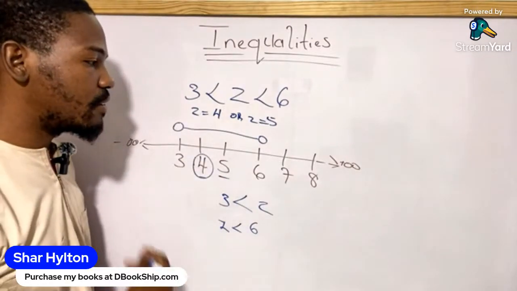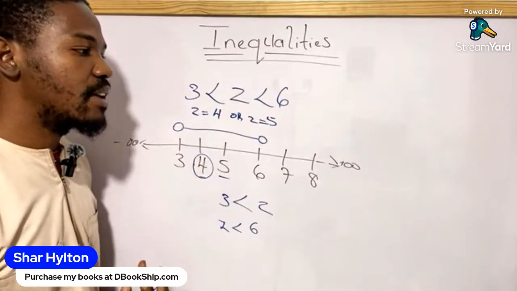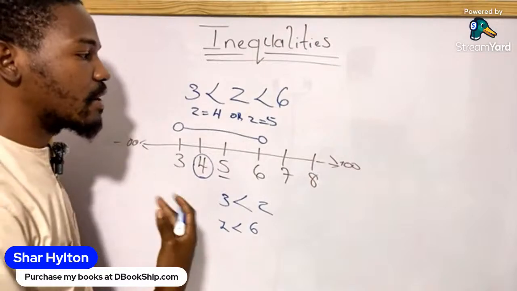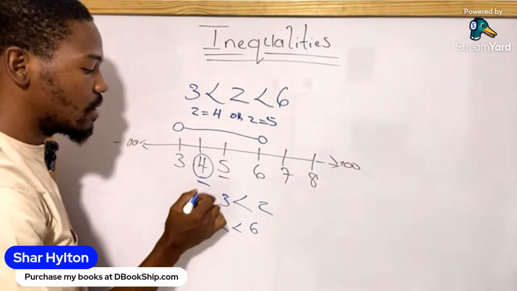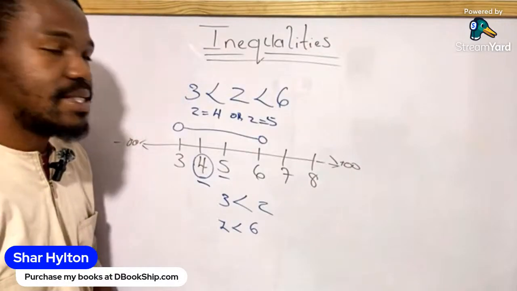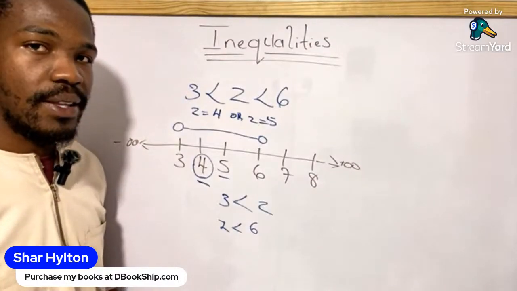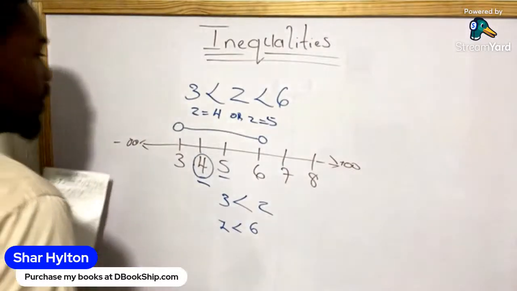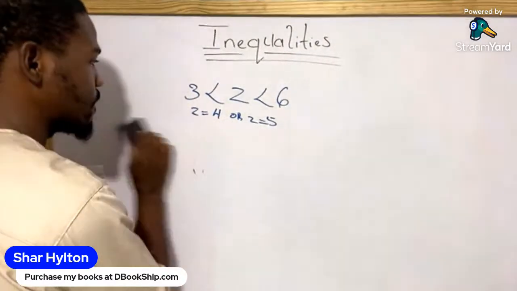So if you receive a question where you need to find the value of z, wherein z is a factor of 24, it would just be 4. That is a question that you might see as it relates to inequalities. All right, moving on to the next part of this.